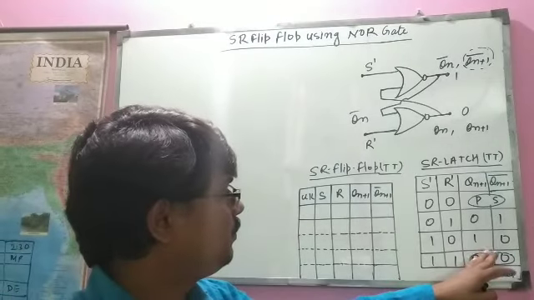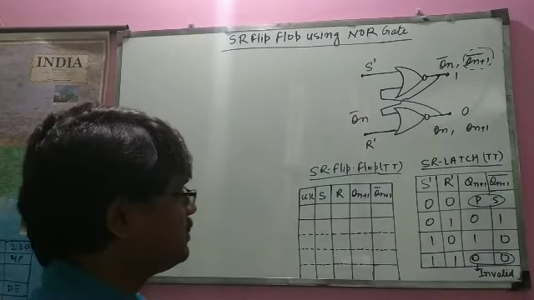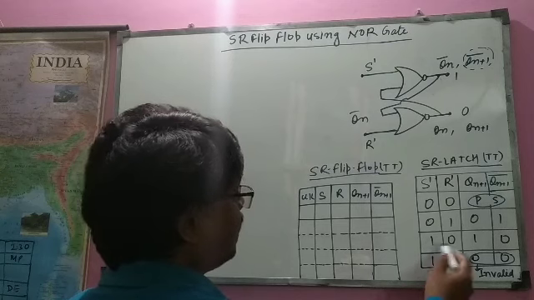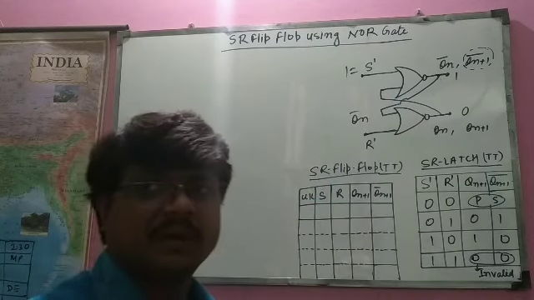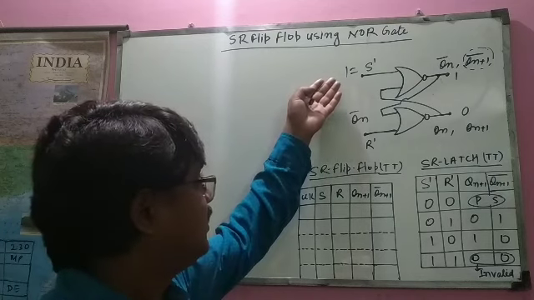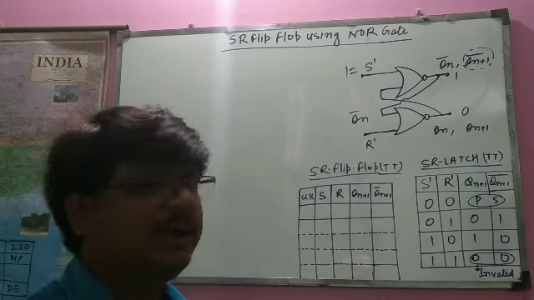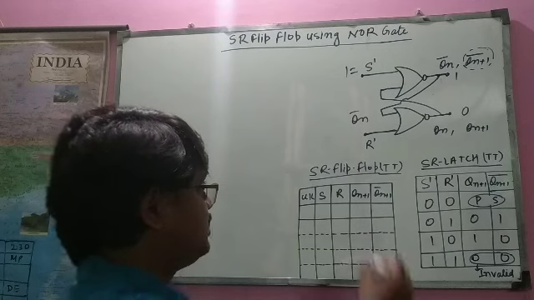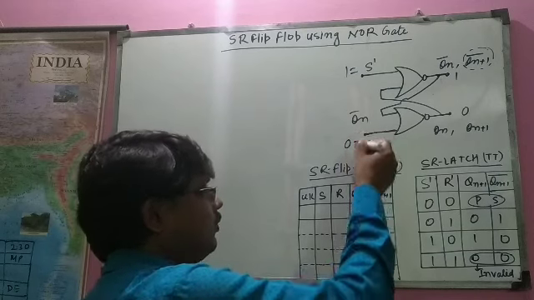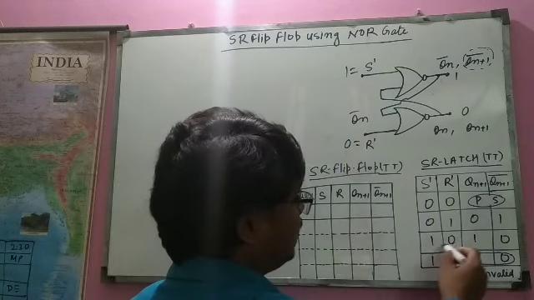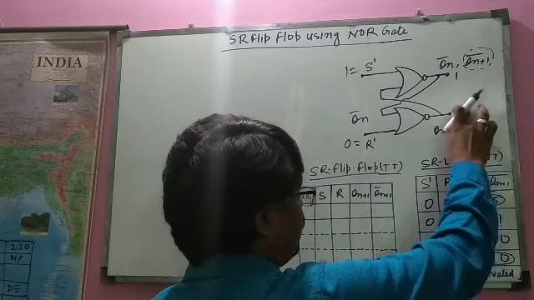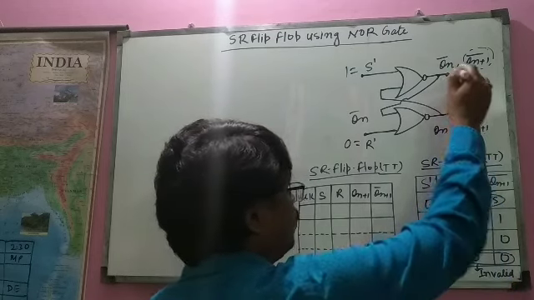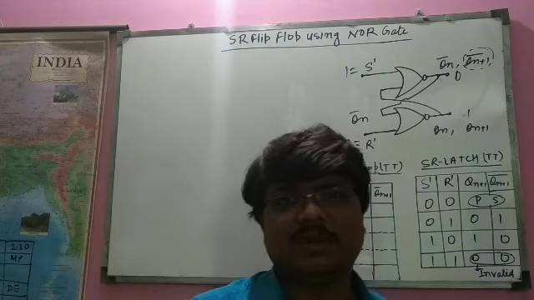So this is the condition. And let us suppose somehow this S dash gets 1. Somehow, accidentally, it got 1. So what will happen? It is 0, since it is floating, so it is 0. So this condition will come here, and this will become 1 and this will become 0. So what was stored has vanished.